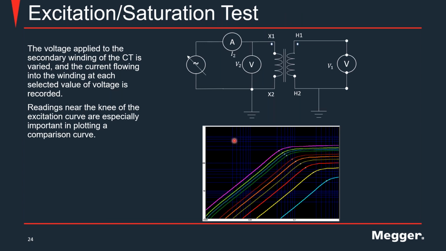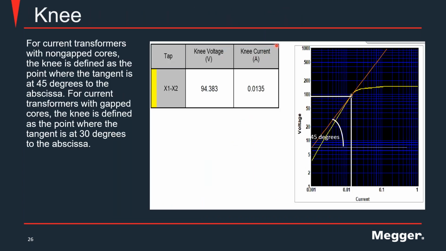Now, the knee point on a CT, according to IEEE, you would define the knee point for non-gap cores as the point where the tangent, and you can see here the tangent is this straight line that touches the curve, is at 45 degrees with the horizontal.